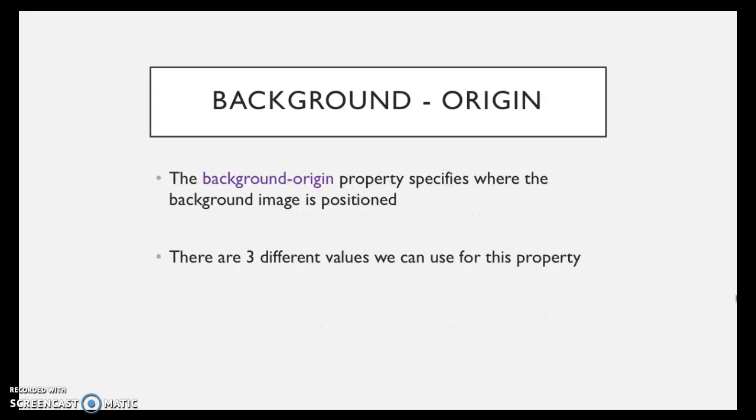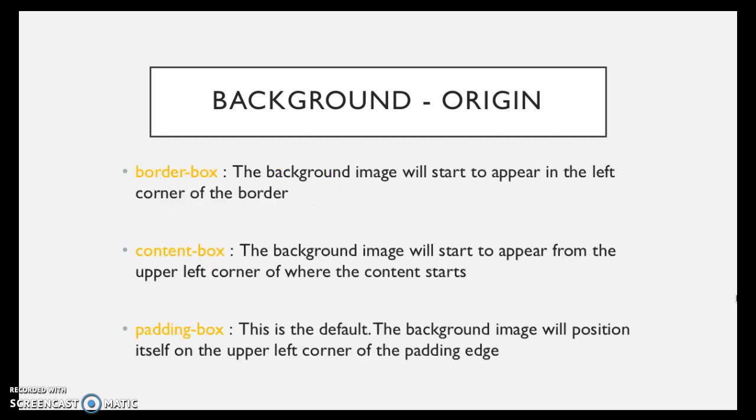Okay, so now we will go ahead and talk about background origin. The background origin specifies where the background image is positioned. There are 3 different values we can use for this property. The first one is border box. The background image will start to appear in the left corner of the box.